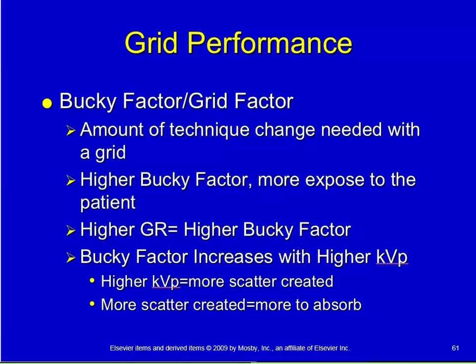So your Bucky factor has to increase. At 120 kVp it is going to increase again. So your Bucky factor is going to change with the kVp that you utilize. Higher kVp means more scatter radiation. More scatter radiation created means more to absorb, and the more effective the grid becomes.